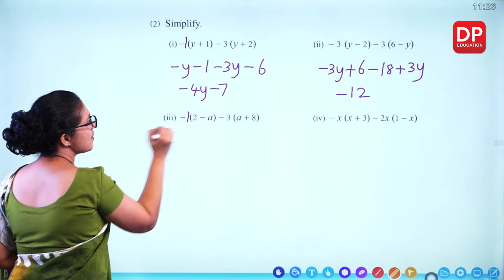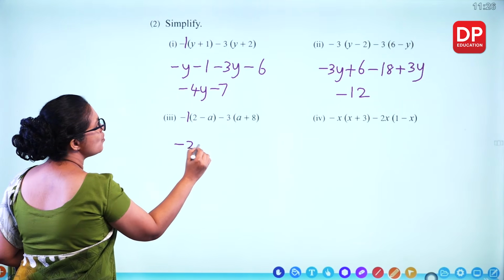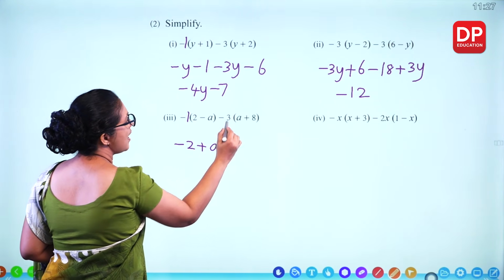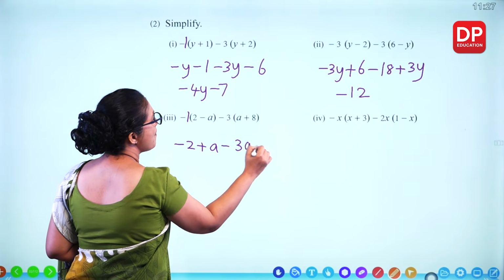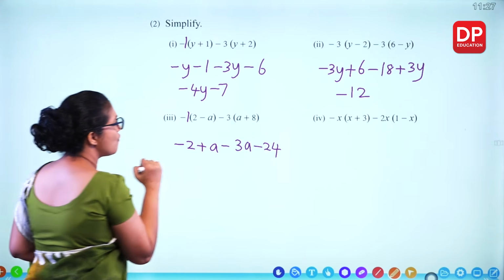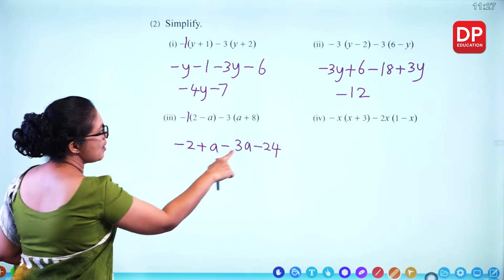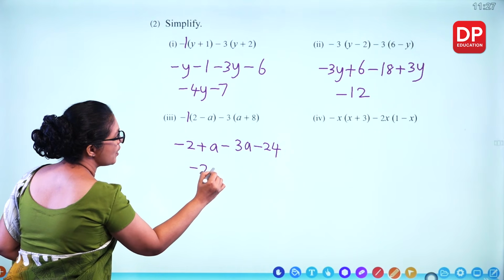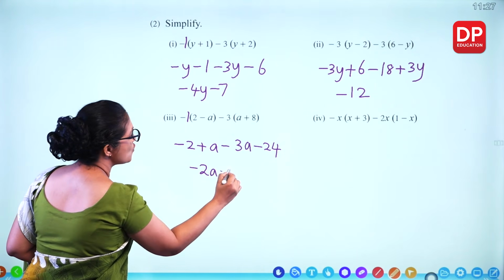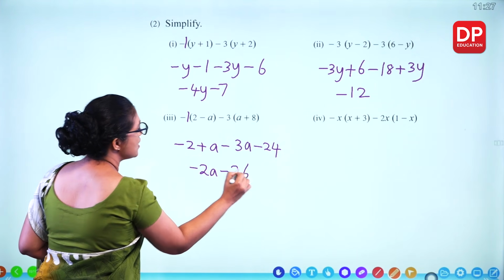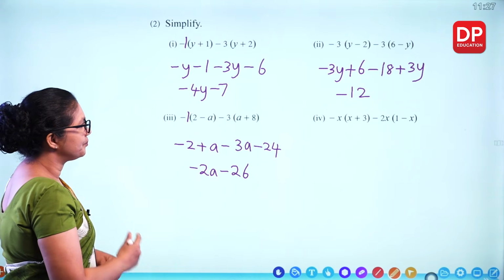This is like 1. Minus 2 plus a. Minus 3a minus 24. A and minus 3a, minus 2a. Minus 2 and minus 24, minus 26.